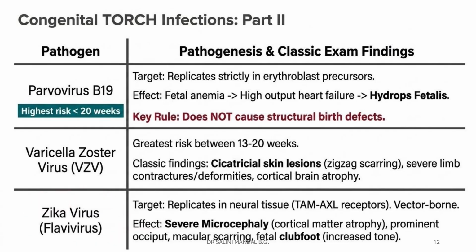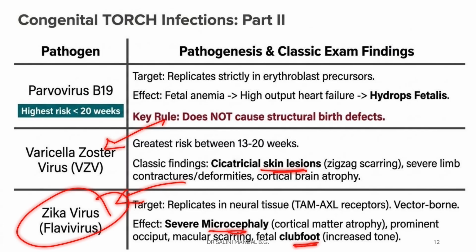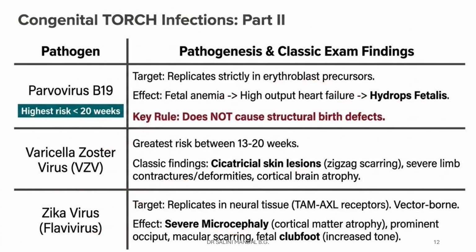Here we are going to have severe microcephaly, prominent occiput and macular scarring, plus fetal clubfoot in Zika virus. Okay, so severe microcephaly, clubfoot in Zika virus, cicatricial skin lesions in varicella zoster, and anemia leading to heart failure leading to hydrops fetalis in parvovirus B19.